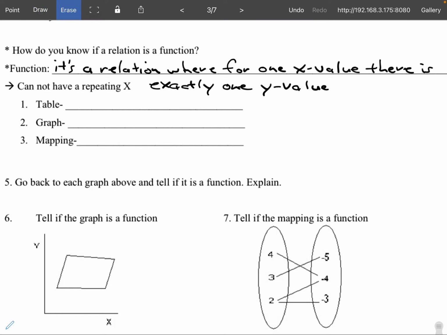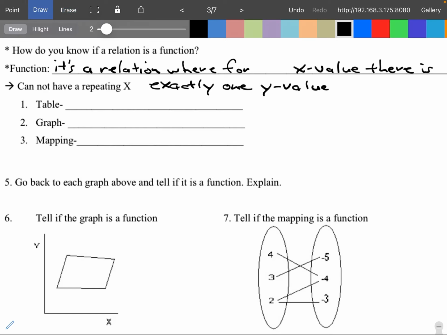So it's kind of tough to read that, but a function is still a relation, okay? It's a set of ordered pairs where for one x value, there is exactly one y value. Maybe I'll change this to the word each. All right, so it's a relation where for each x value, there is exactly one y value.